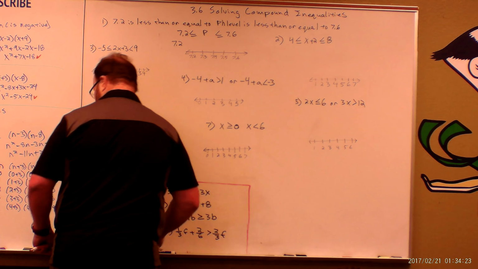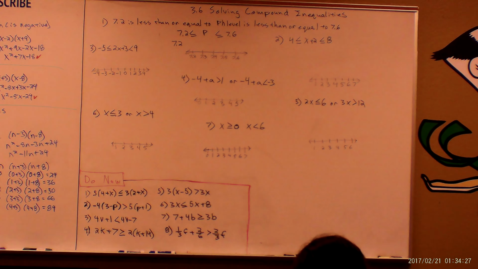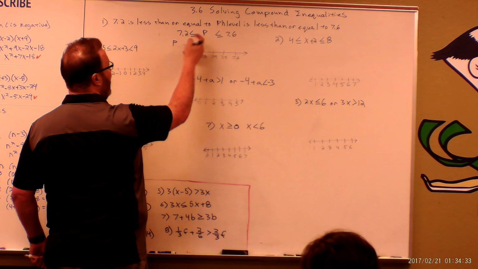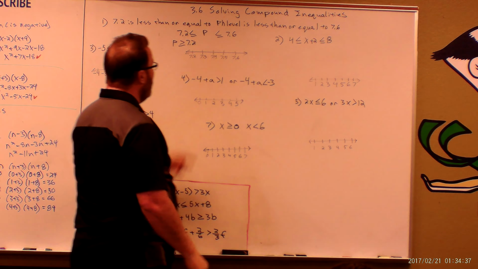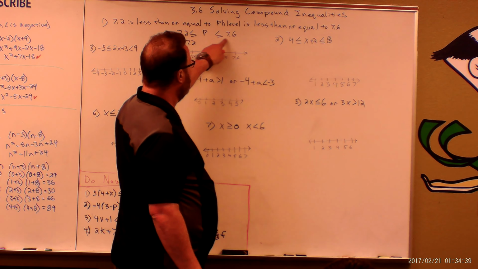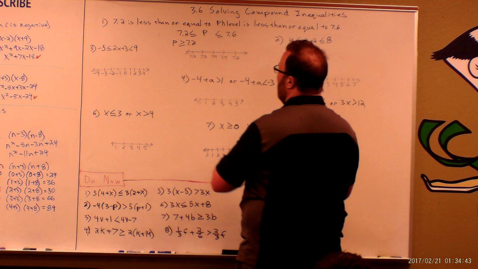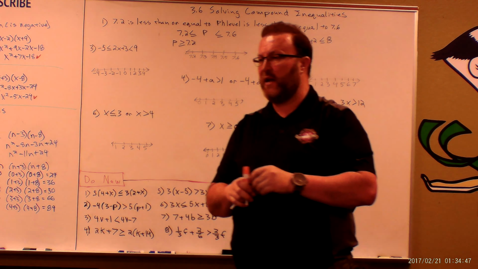Yeah, we need the P in front to be able to graph it properly. So we're going to write that. P, it's open to the P, 7.2. Is this one okay? Yes. So it's two problems in one. It's this right here, and it's this right here. It's saying it's within this range. Okay?